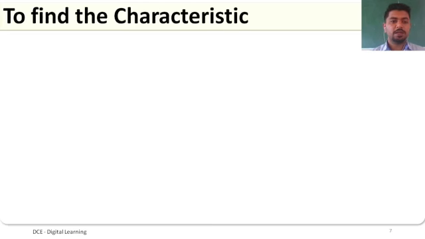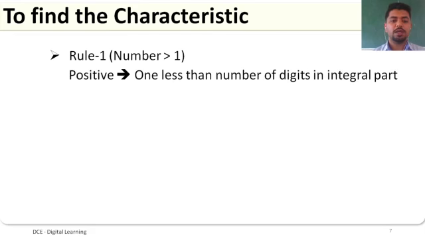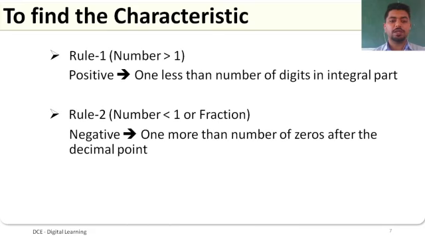Now having said that, we learn how to convert numbers into log values. There are two parts of logarithm. First is characteristic and the other is mantissa. First, let us know how to find out characteristic. There are two rules to find out characteristic. Rule 1 is applicable when the number is more than 1 and rule 2 is applicable when the number is less than 1.